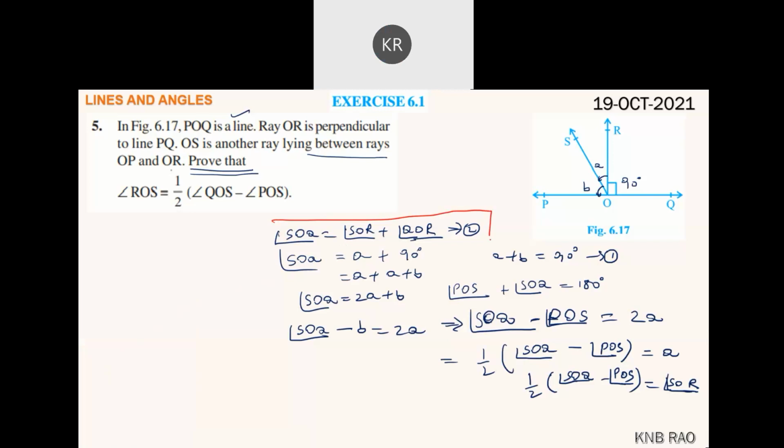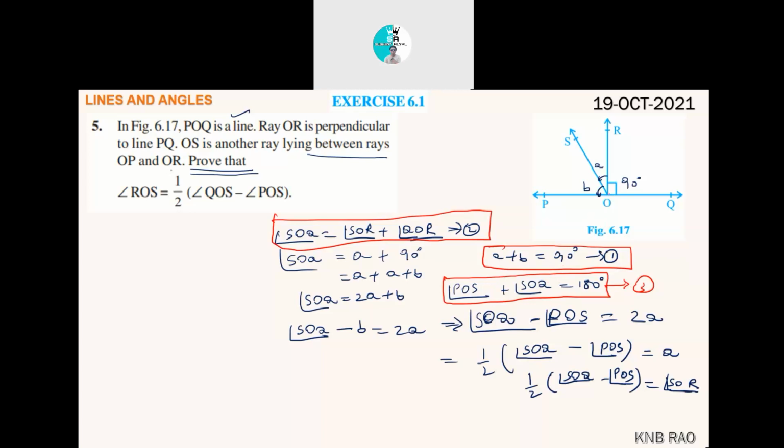See, angle 90% will come the same. These are basics. Equation 1, equation 2. Sir, angle POR is equal to POS plus ROS is equation 1, sir. Then angle QOR is equal to QOS minus ROS is equation 2, sir. Then angle POR is equal to QOR is equal to 90 degrees because OR is perpendicular to PQ.